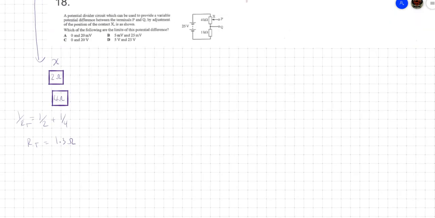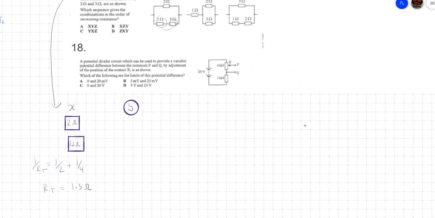And then the Y, you do the same thing. So you've got 1, and this is connected in series, in parallel with the other guys here, so we need to work this one out.